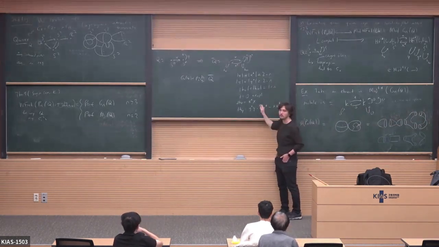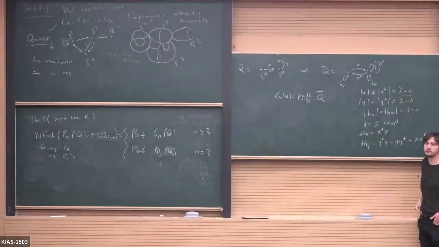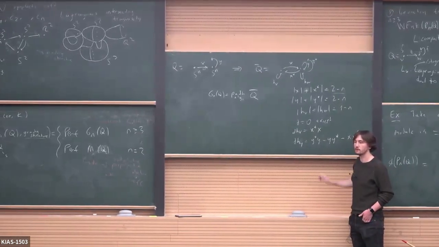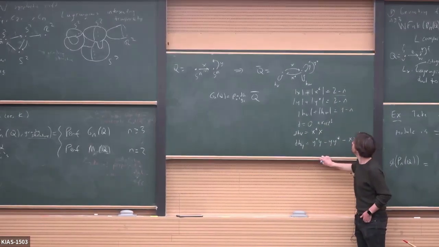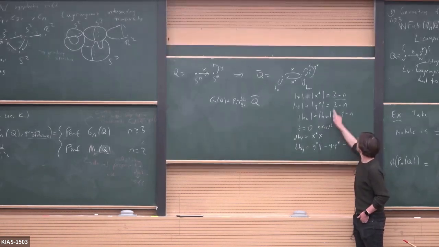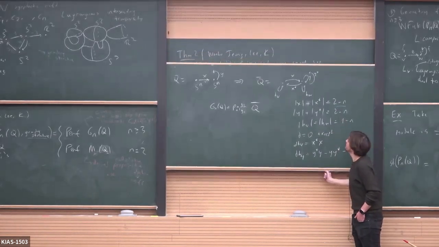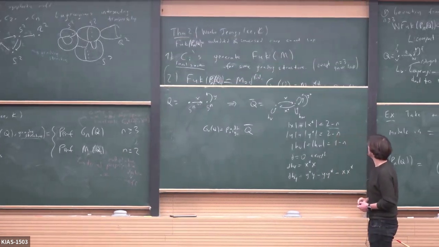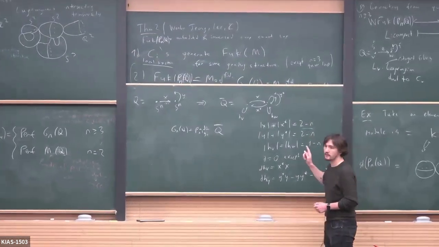This? So what was the question about that? And why is this 2 minus n? You can think of it this way.